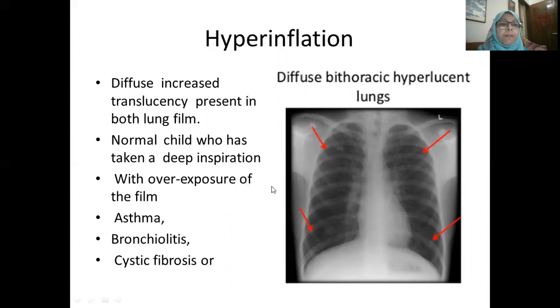Hyperlucent may also be from overexposure of the film, and a hyperlucent lung film you may get in bronchial asthma. As I have said, a hyperlucent lung film is seen in bronchiolitis as well as in cystic fibrosis.